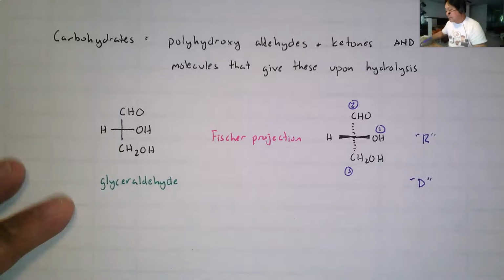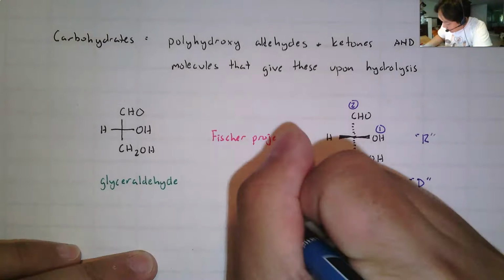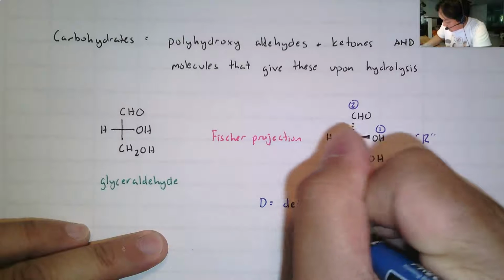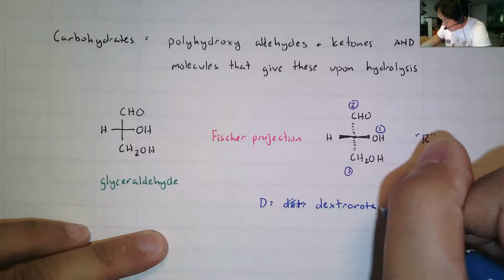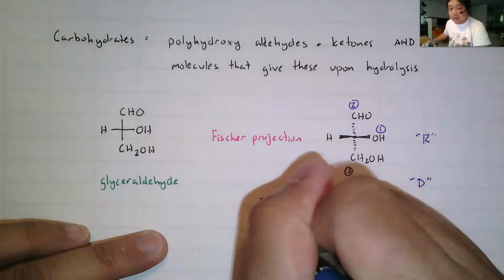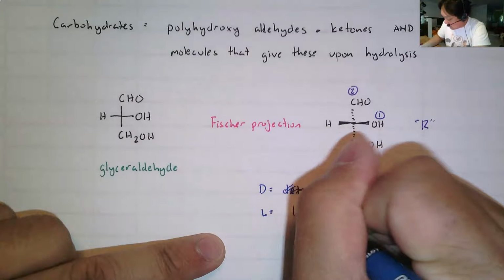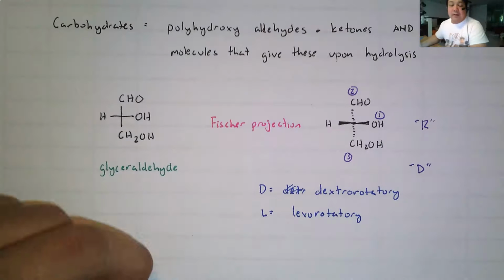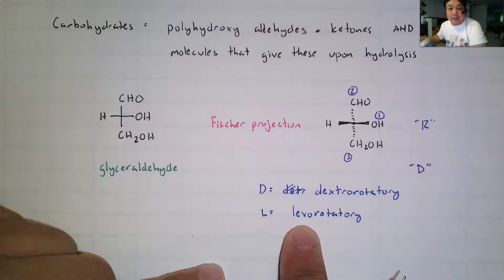So what does D stand for? D stands for dextrorotatory. L is the opposite. L is levorotatory. From the Latin for right, dex or dextra, and Latin for left, levo.